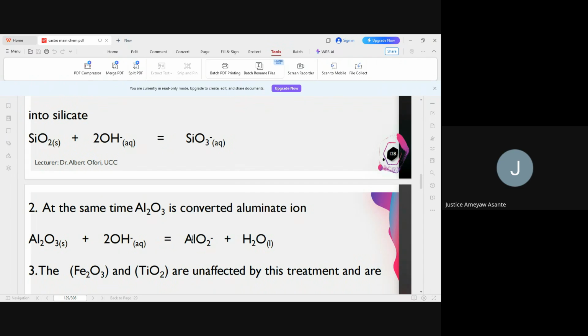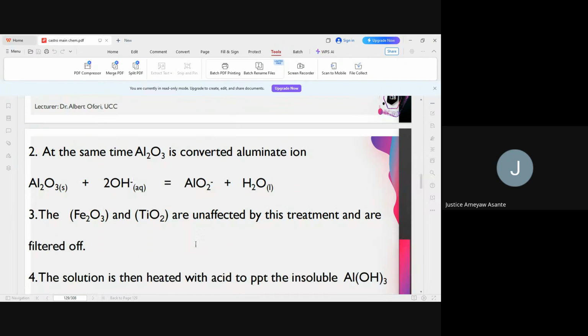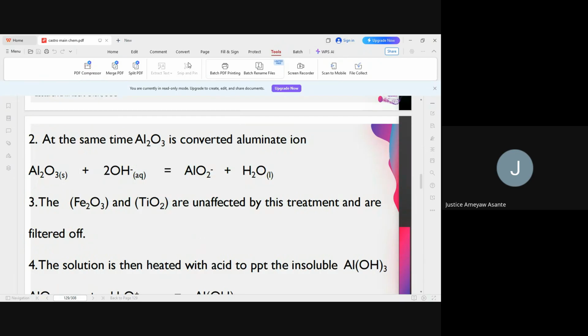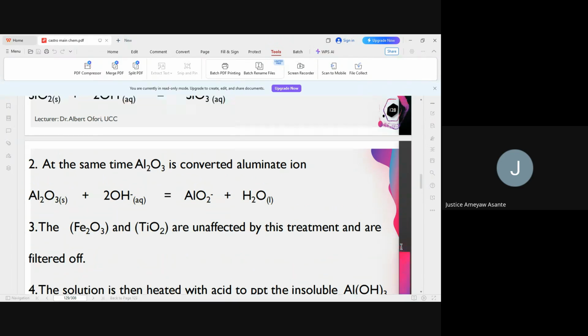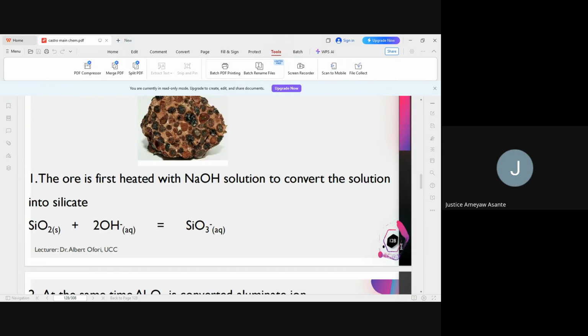Then we've already said that there is iron oxide also there, and titanium oxide is also there. When you add sodium hydroxide, the iron oxide and titanium oxide will not be affected.